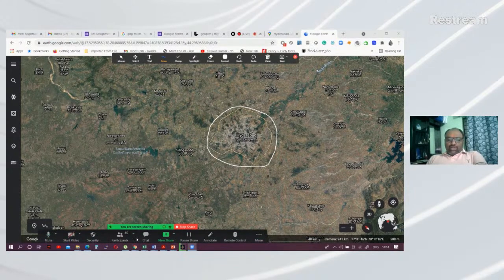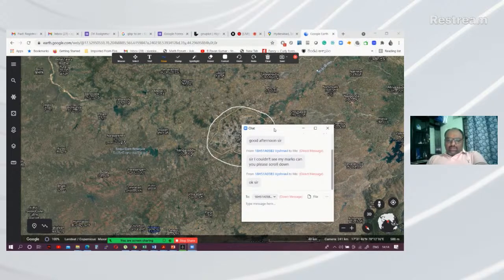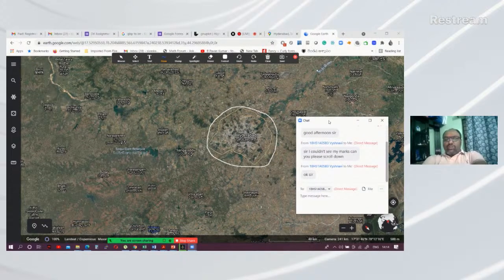I would like to know the answer, because this answer will tell you one important factor in spatial data. What shape is it?